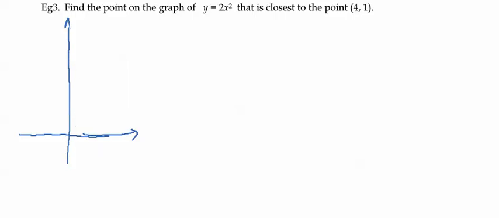So here for y equals 2x squared, we're going to see points that have coordinates (1, 2), and then when x equals 2 we have 8.